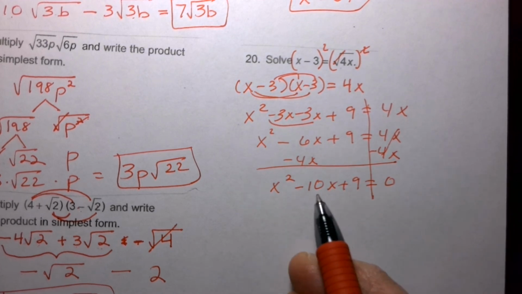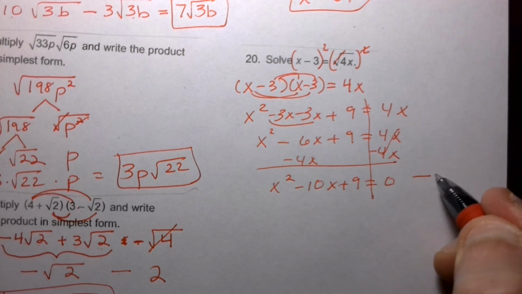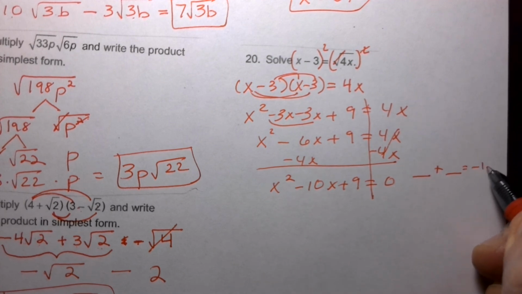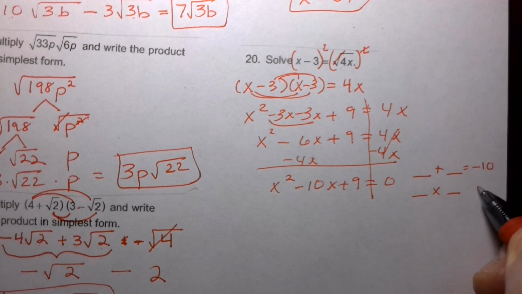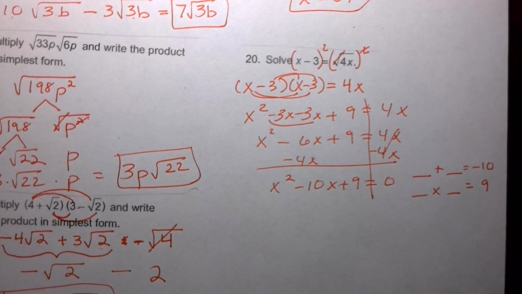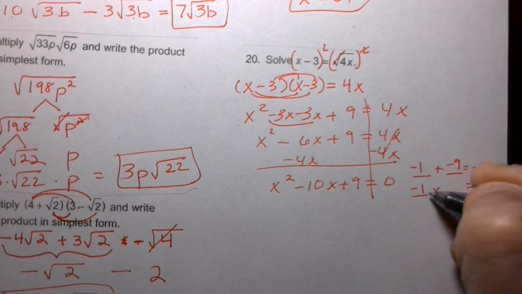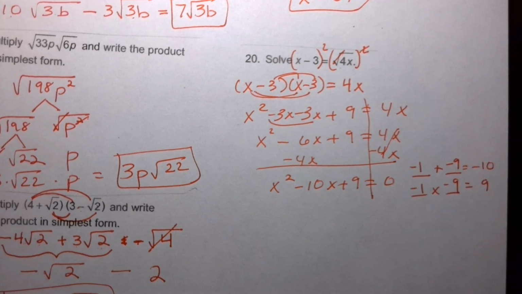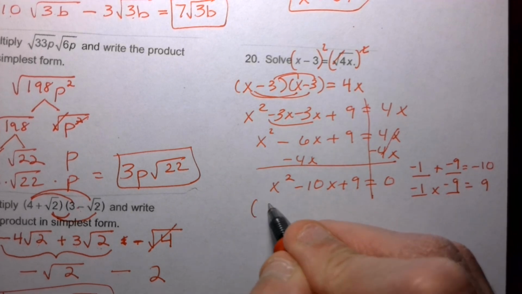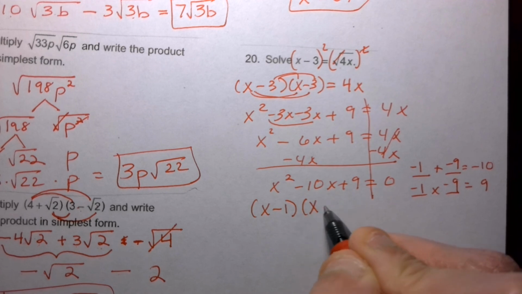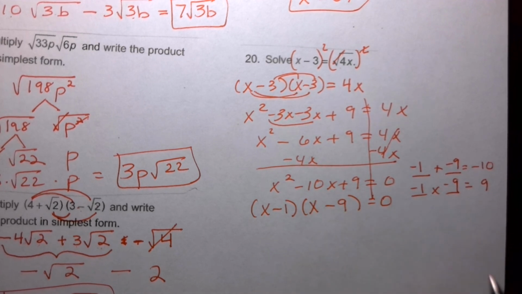And we need to see if we can factor: two numbers that add to give you a negative 10 and multiply to give you 9. How about negative 1 and negative 9? Does it work for both? It does. So that factors into x minus 1, x minus 9 equals 0.